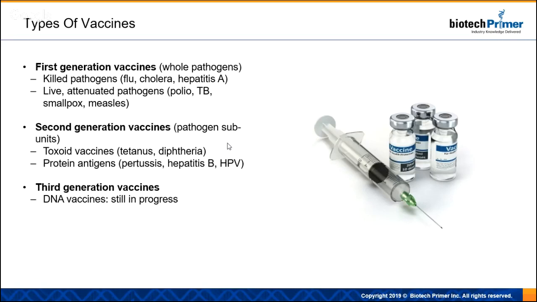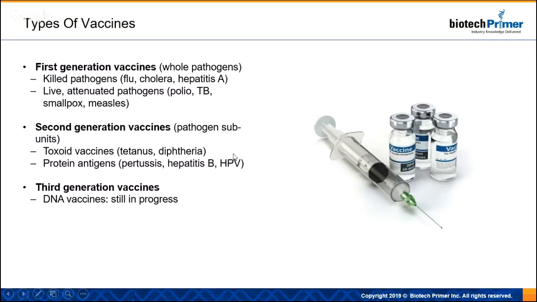Protein antigens, this just means particular proteins, typically proteins that are found on the surface of the virus. These are the proteins that we're most likely to have an antibody response to. An example of that type of vaccine is the HPV, human papillomavirus vaccine.